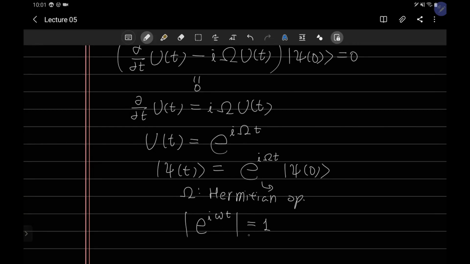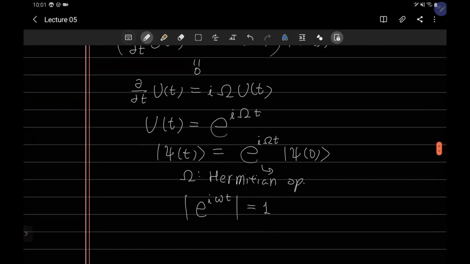This kind of property is also related to the fact that the eigenvalue of a unitary operator has a size of 1. So such an analogy between the real value and the result of this exponential shape, and the relation between the Hermitian operator and the unitary operator also exists.